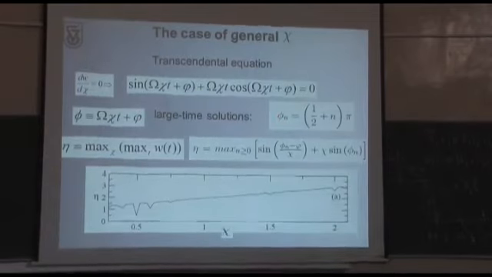We find some maximum of maximum, and finally we say that the location of these extremal values of W correspond to the maximal value of this expression, where phi_n is this, with respect to n. And then we plot this value as a function of chi, so that we find something like this.